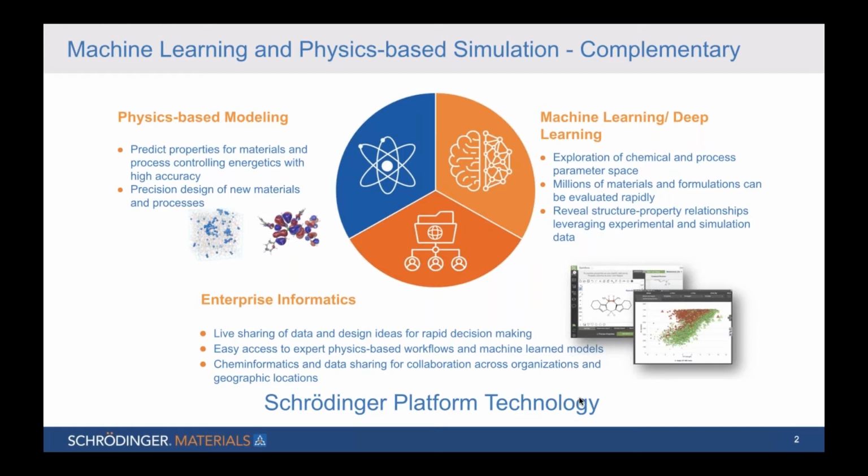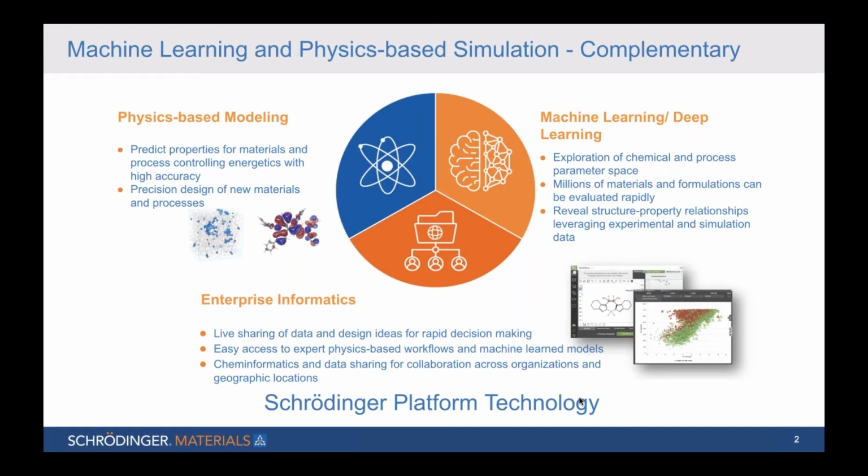In Schrödinger's material science suite, our physics-based simulation tools include QM, DFT simulations on molecular systems, from OLED material to catalysis, but also MD simulations on, for example, polymeric systems with solvents, with iron or additives.